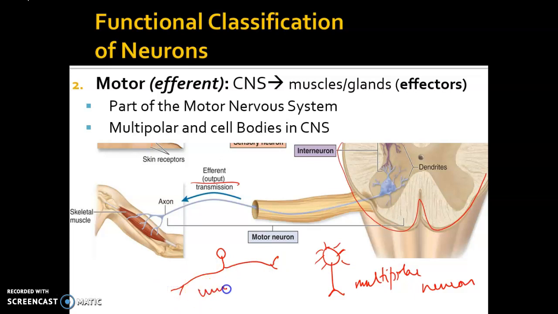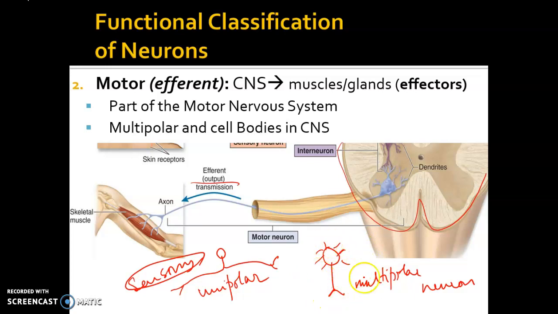This is called unipolar. Okay, so remember one thing, you might be tested on this on your exam. Sensory neurons are unipolar structurally. So functionally they are sensory because they're carrying sensory information, and structurally they're unipolar.